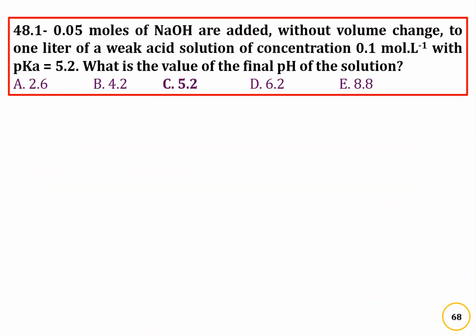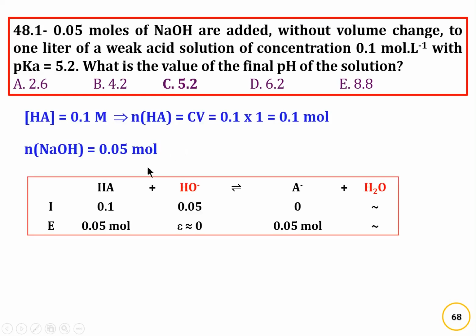Exercise 48.1. We add 0.05 mole of a strong base, NaOH, with no volume change, V total is constant, to 1 liter of weak acid. So we will have a reaction between the strong base and the weak acid, and this reaction is complete: HA plus OH- gives A- plus H2O.